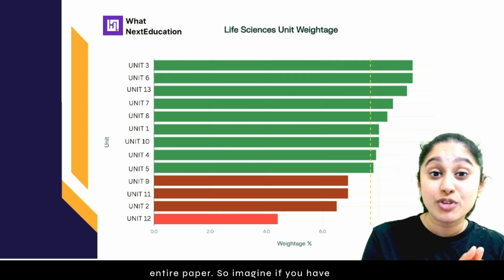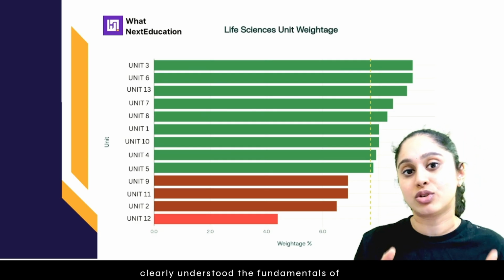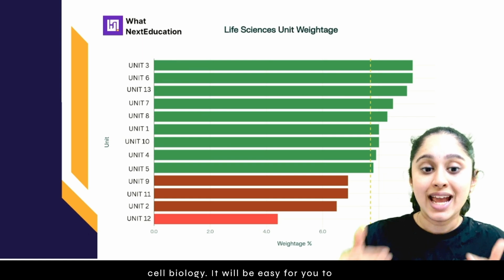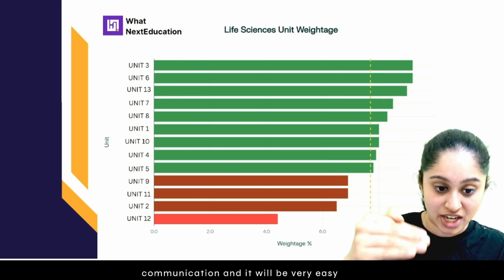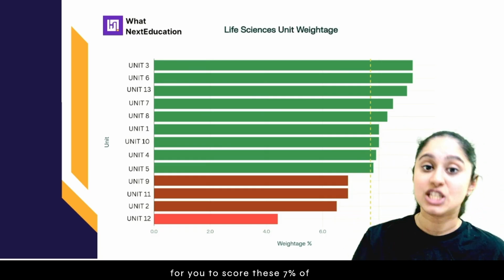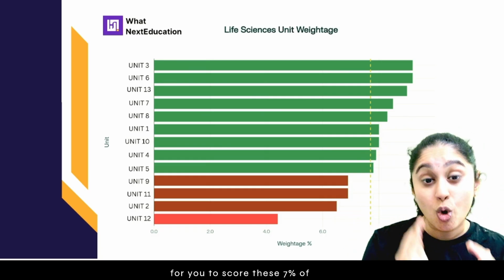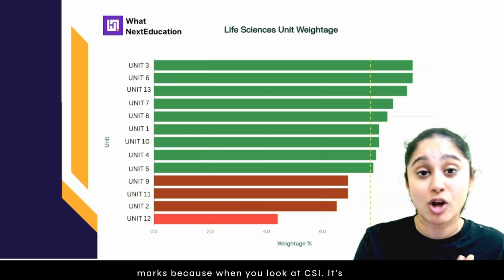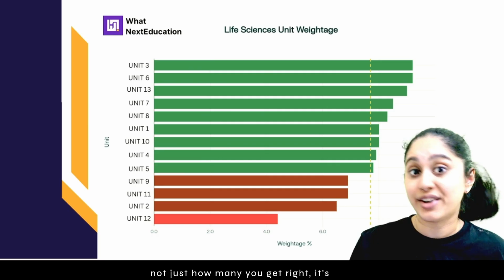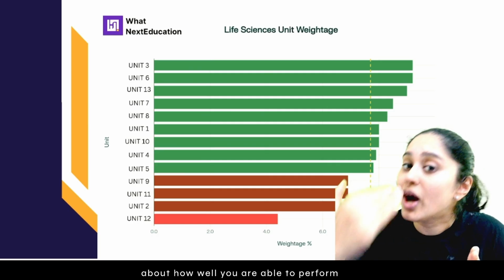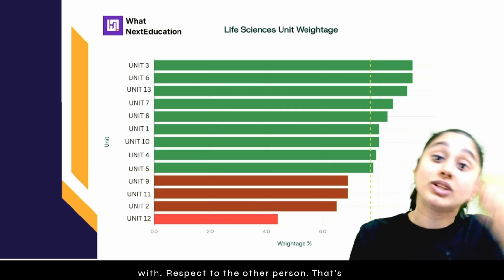So imagine if you have clearly understood the fundamentals of cell biology, it will be easy for you to understand unit 4, which is signaling and communication, and it will be very easy for you to score these 7% of marks, because when you look at CSIR, it's not just how many you get right, it's about how well you are able to perform with respect to the other person.